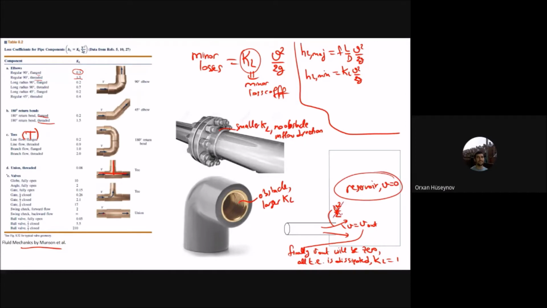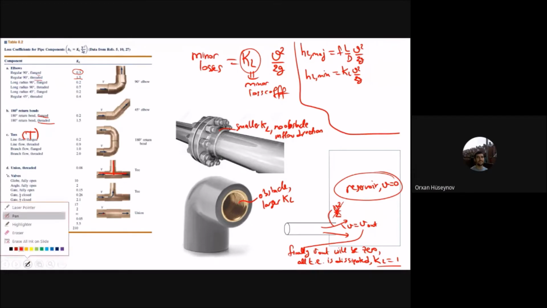Therefore, all of this is dissipated due to friction. Due to that dissipation of all kinetic energy, here you have KL as 1. If you put KL as 1, the minor loss is V squared by 2g, which is equal to the kinetic energy of the fluid. Okay, good. So these are the two important results.